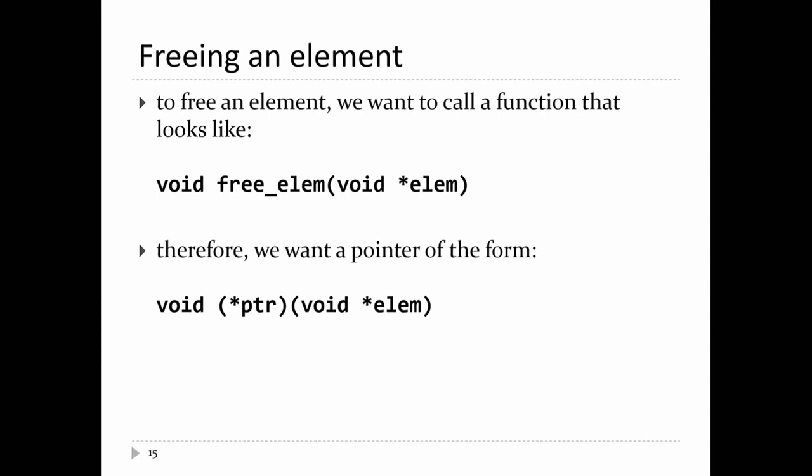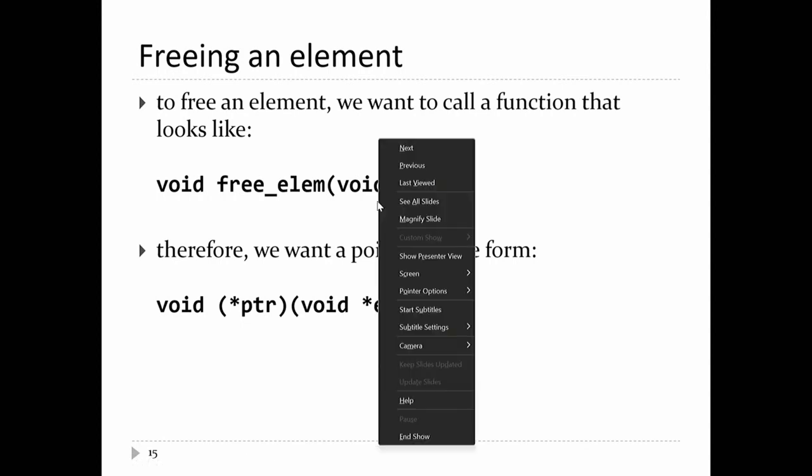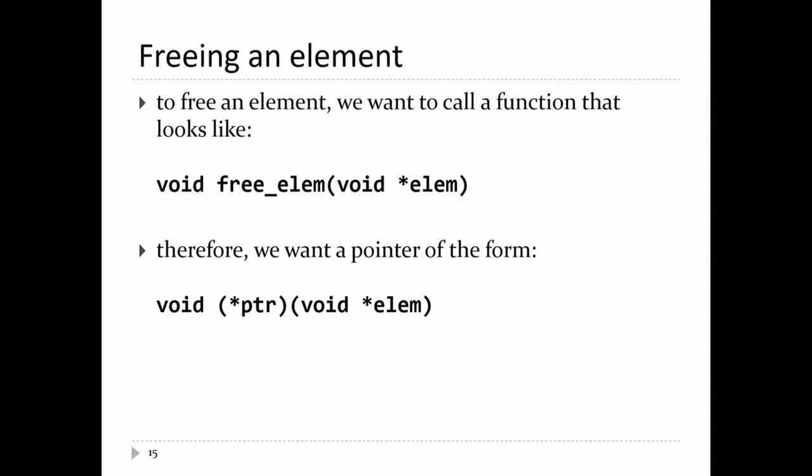For free, it's the exact same thing. So for free, I want to free an element pointed at by a void pointer. Notice this isn't const because we have to actually deallocate the element, so you're actually going to modify what element points at. Returns nothing. So I want a pointer to a function that returns void and has void star as its argument.